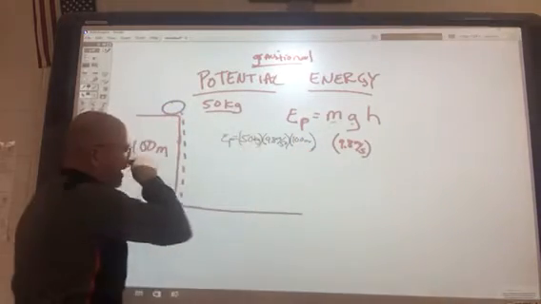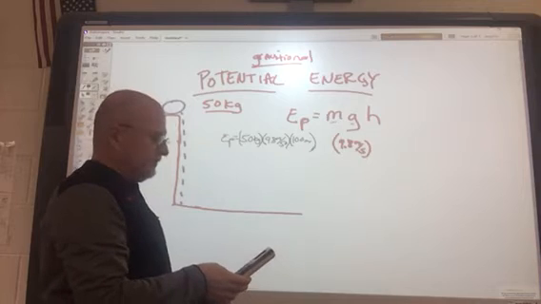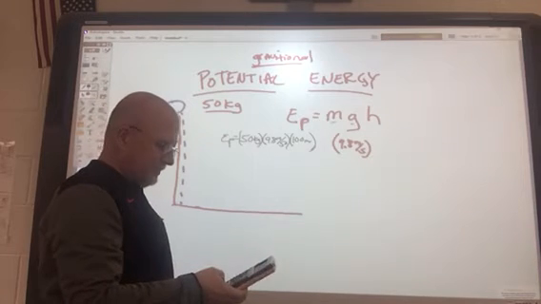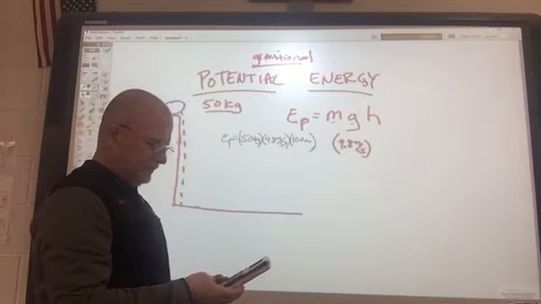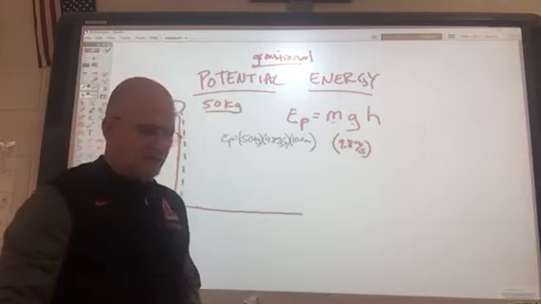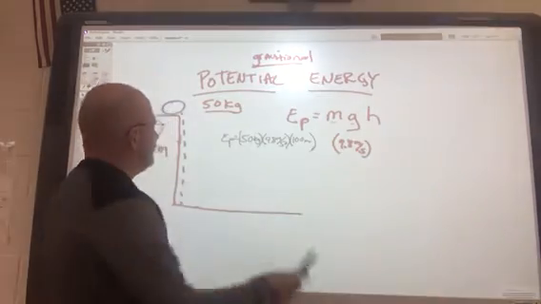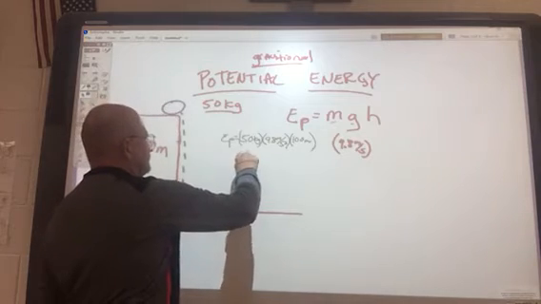I do all that math, and let me just get my little calculator here. So you have 50 times 9.8 times 100, and I come out with 49,000.